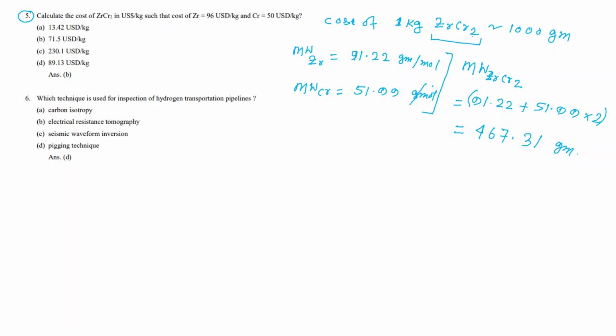Okay, but our question is asking about 1000 grams, or 1 kg, of ZrCr2. What is the cost value? So how many moles?